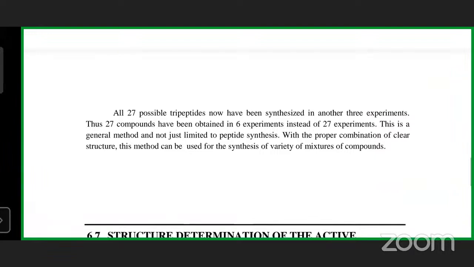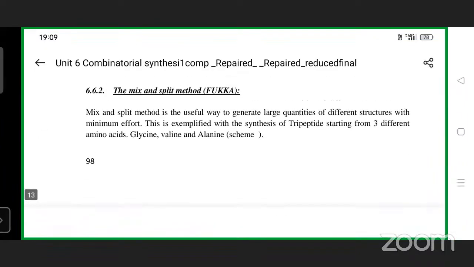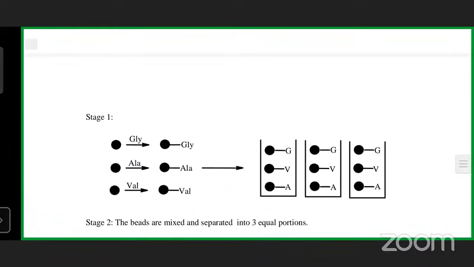So it completes in steps. In the first step, you take the 3 different amino acids and attach them to the resin bead.